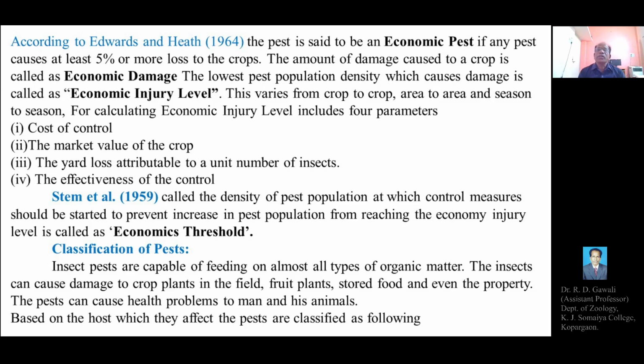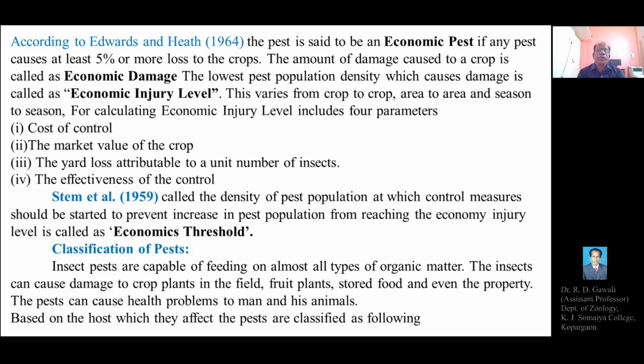So according to Stern et al. in 1959, it is the density of pest population, or the total number of pests in the field, at which control measures should be started to prevent further increase in the pest population from reaching the economic injury level.